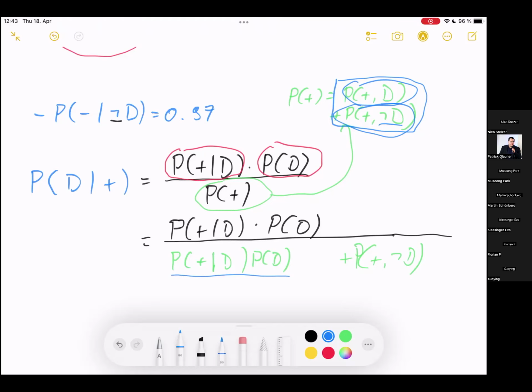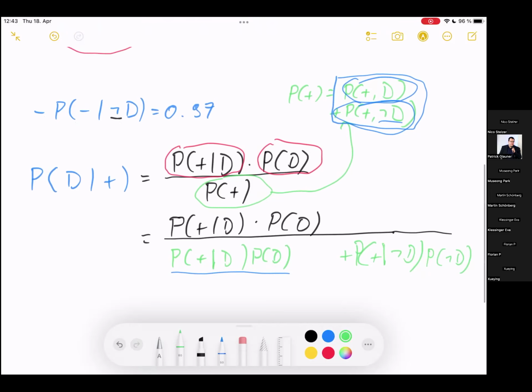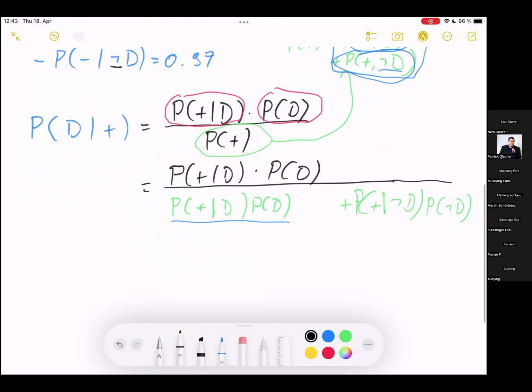So this is a fundamental rule that you can do with conditional probabilities. And we need to do something else over here where we say the probability of having a positive test and not having the disease. Well, I'm just using the green one. We again use a conditional probability and here say this is the probability of not having the disease. So we have these two products now, and then we are almost done. We can try to plug this in now from above and try to calculate it.